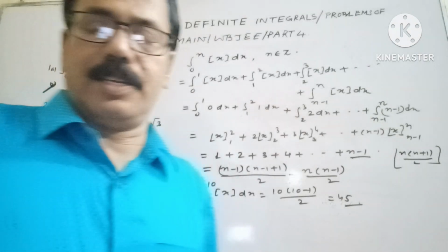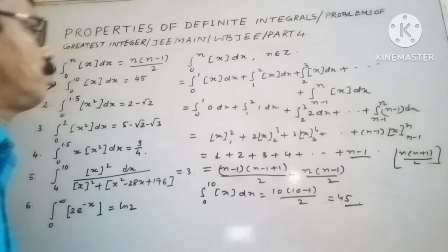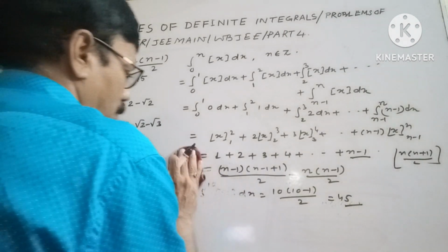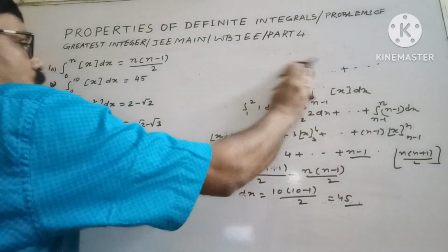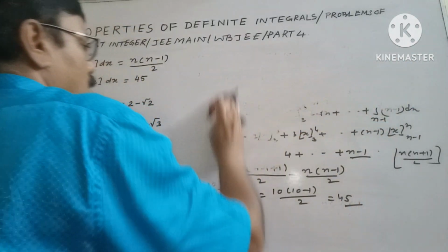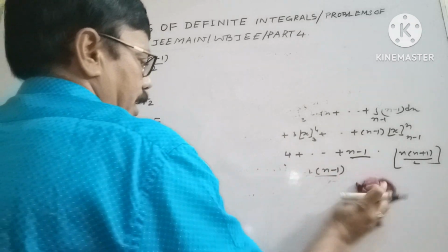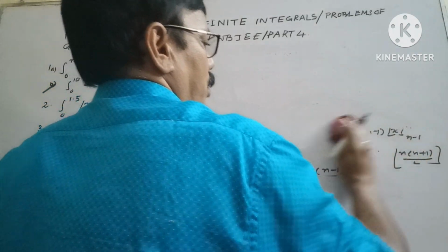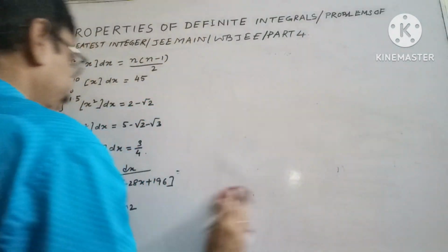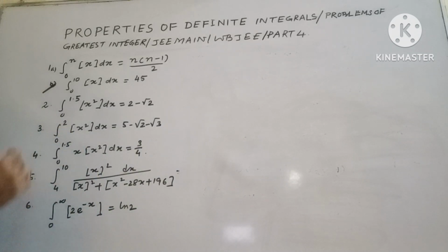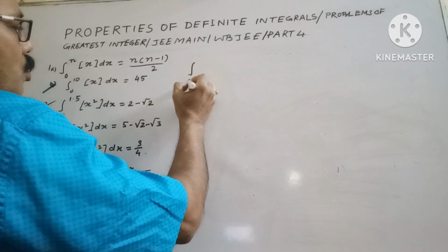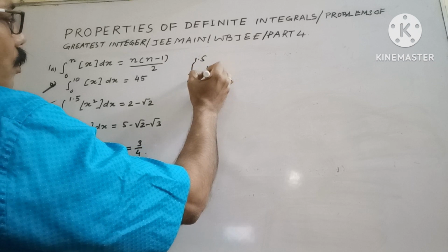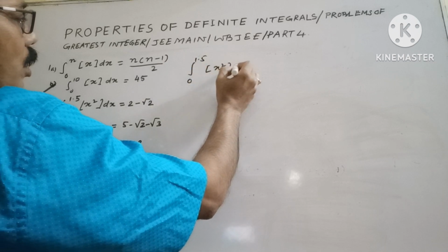So, the greatest integer function is a piecewise discontinuous function. It is discontinuous at integer points. So, expand it at the points of discontinuity. Then look at problem number 2. 0 to 1.5, third bracket x square.